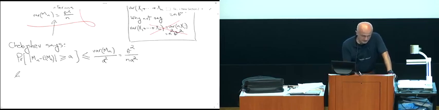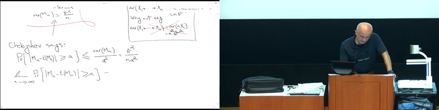What happens when I take the limit as n goes to infinity? Can you tell me? What's on the right-hand side?